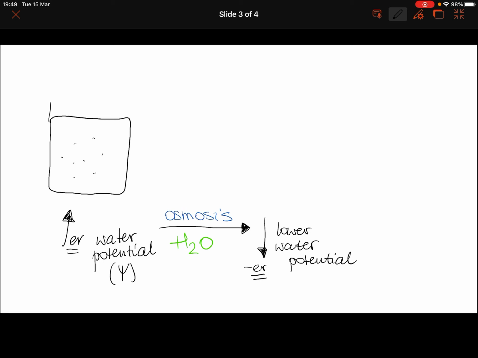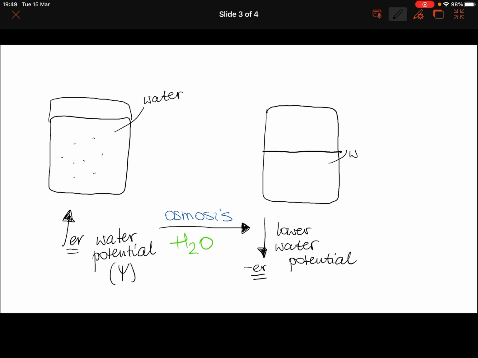Okay, so imagine here is the level of water. And here we've got substances dissolved in the water, let's say glucose. On the other hand, I'm going to show you the lower water potential. So this is the level of water, and this is then glucose.